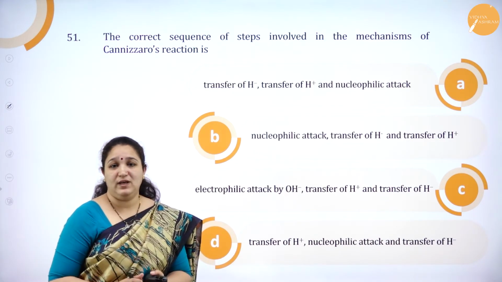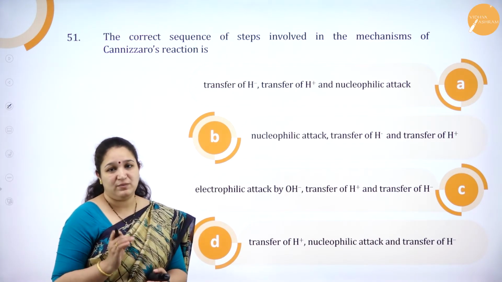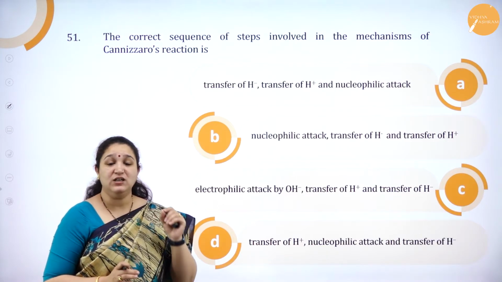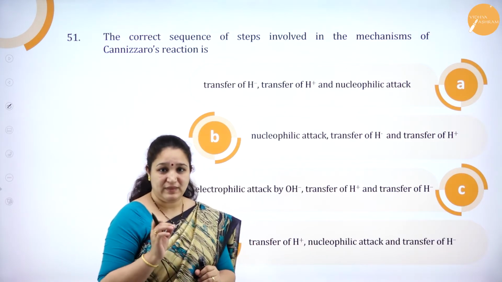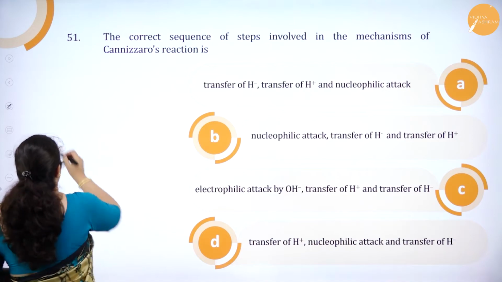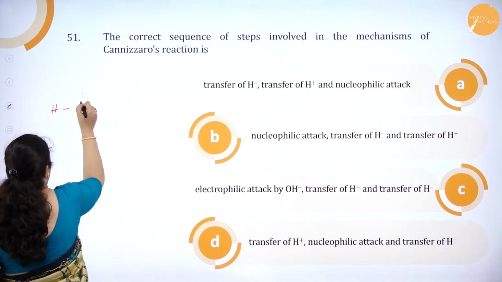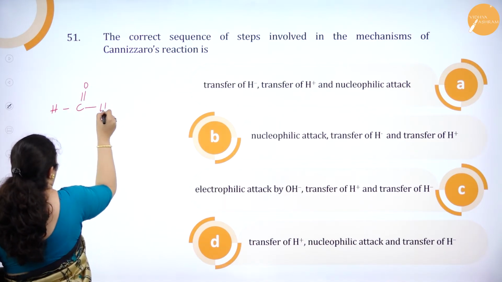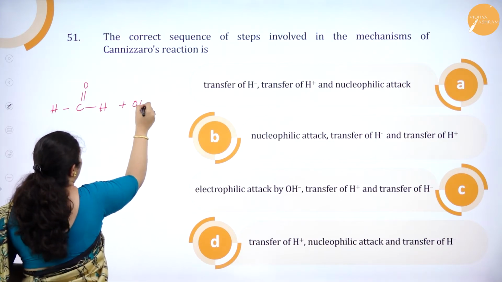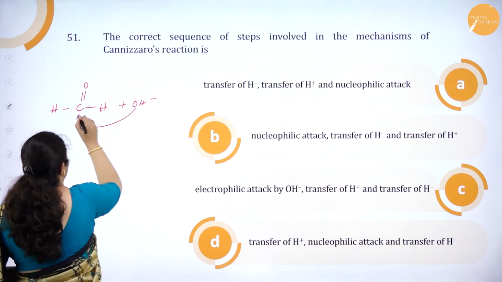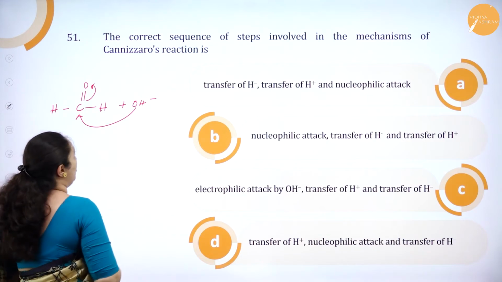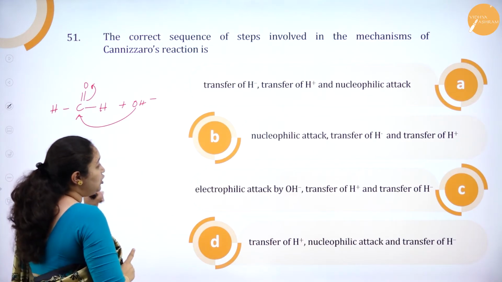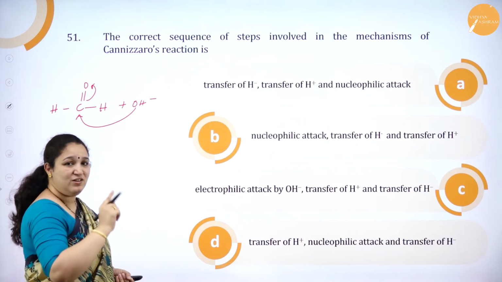If we look into the Cannizzaro's mechanism reaction, first there is a nucleophilic attack, that is 2 HC double bond O, OH minus will attack. So this will attack here and this bond will form here. So nucleophilic attack is the first step.